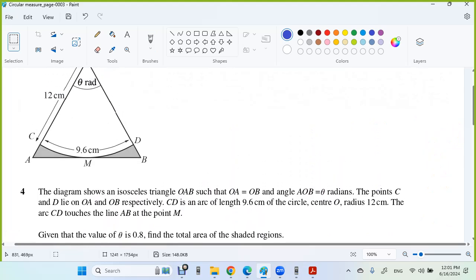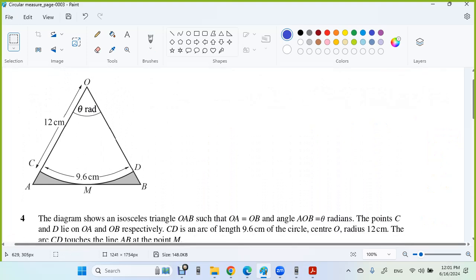Question number 4. The diagram shows an isosceles triangle OAB. OA equals OB. The angle is theta. C and D lie on OA and OB. This is similar to the previous question. CD is an arc of length 9.6 cm, center O, radius 12.